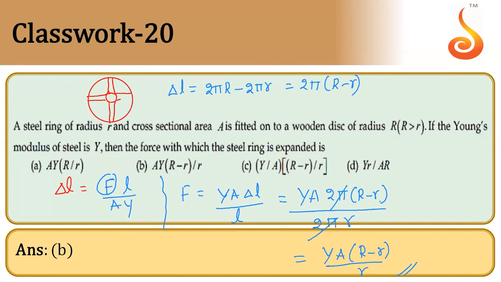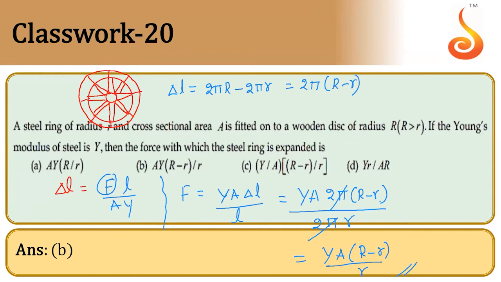I am trying to draw a closer diagram. Okay, that is the wooden wheel. Even this part is wooden. Even this part is also wooden. They'll make wooden sections and they fit it. Okay, they'll make wooden sections like this.